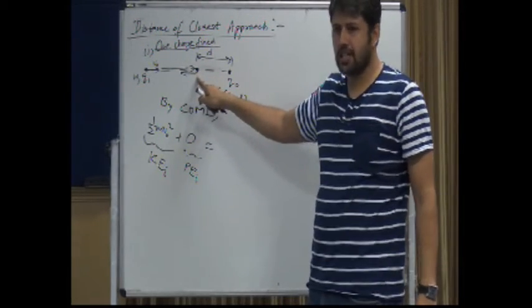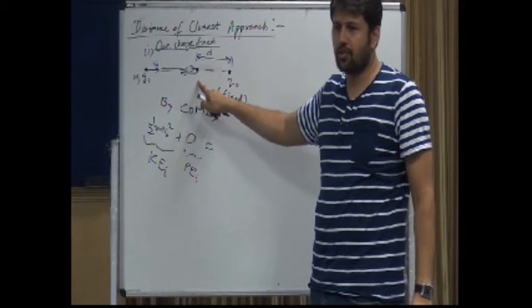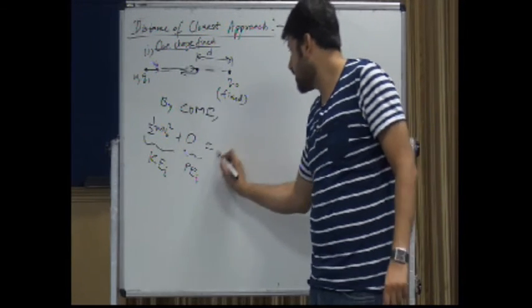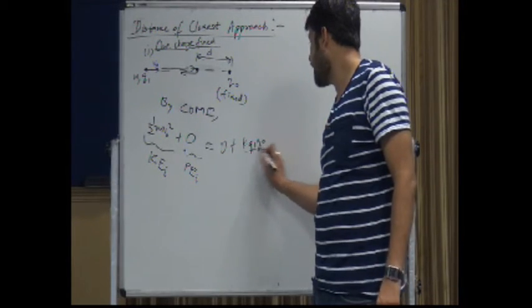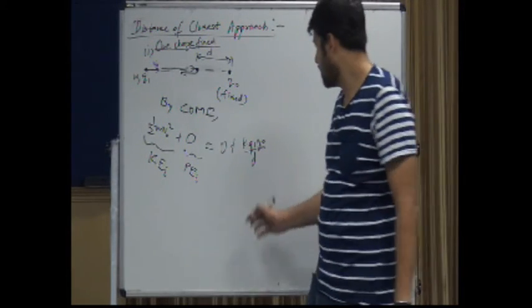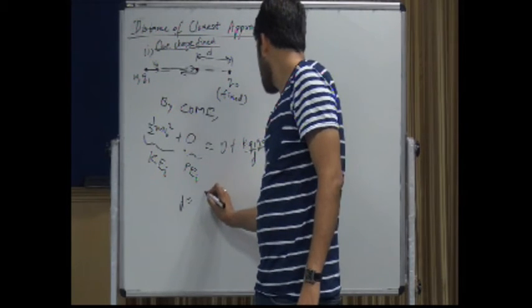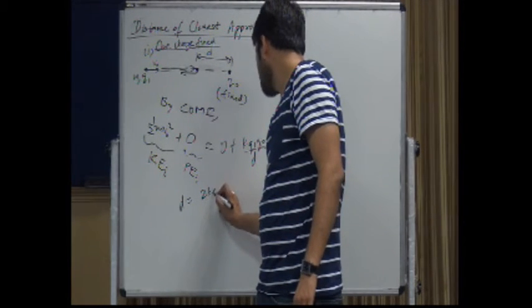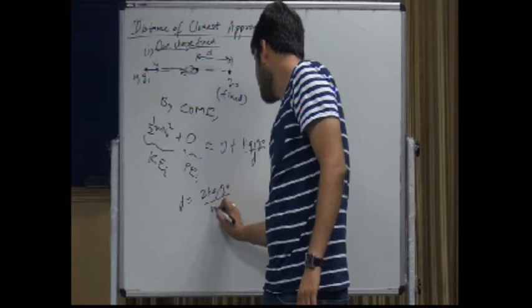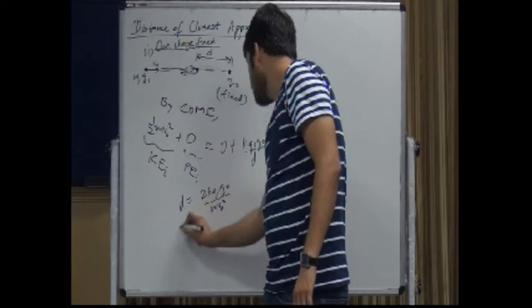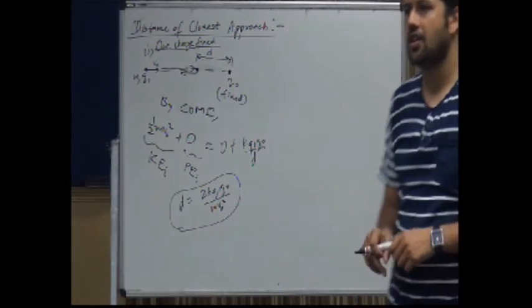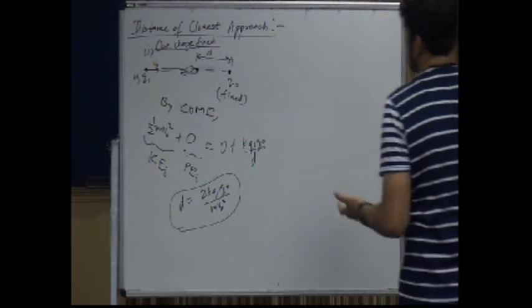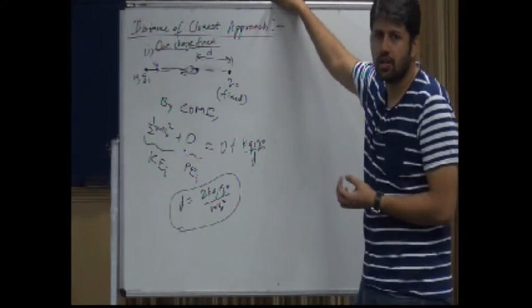So the kinetic energy at this point would become 0, while the potential energy would be K Q1 Q naught by D. You can find D, obviously, not very difficult. It would be 2K Q1 Q naught by m v naught squared. So this is the distance of closest approach. This indicates how close the charged particle would reach.